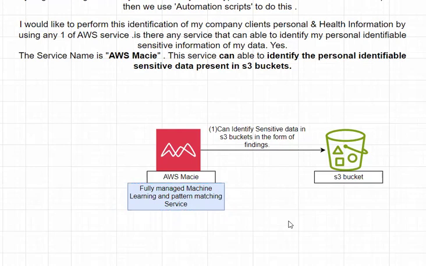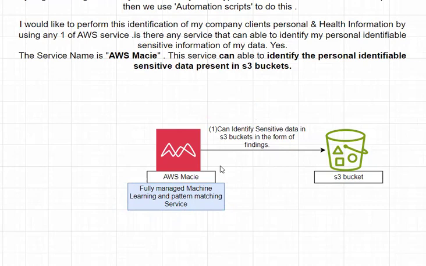Now Macie can automatically identify the personal data present in the S3 bucket and provide a detailed list of findings in order to identify them.